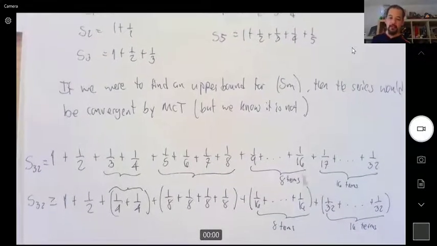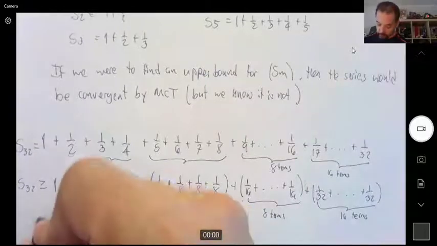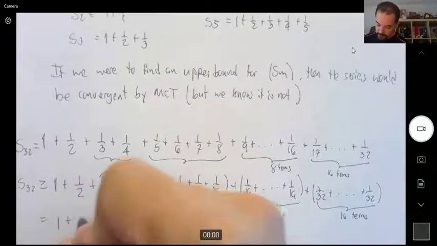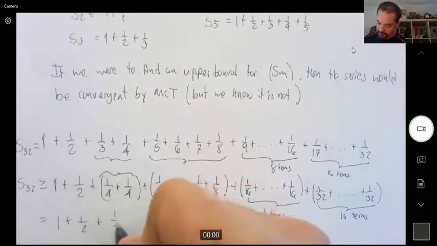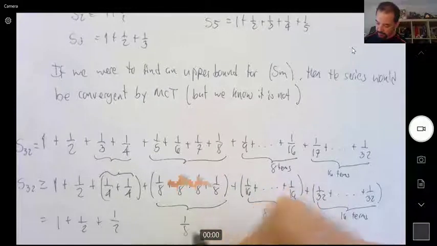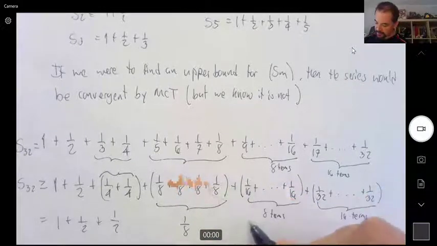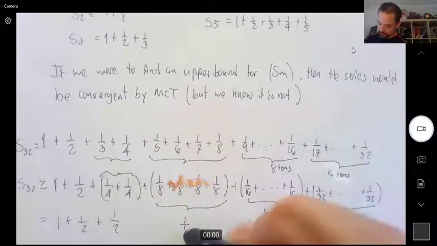And the good thing about this is that these terms are now easier to add. Look what we have here. This is 1/2. These are 2/4, which is the same as 1/2. These are 4/8, so that's another 1/2. These are 8/16, so that's a 1/2. And these are 16/32, so that's another 1/2, right?